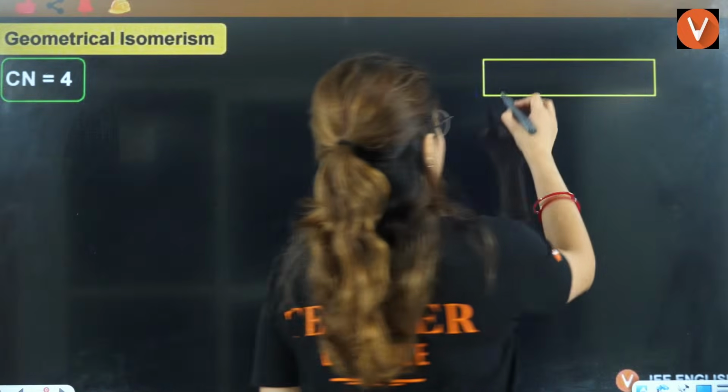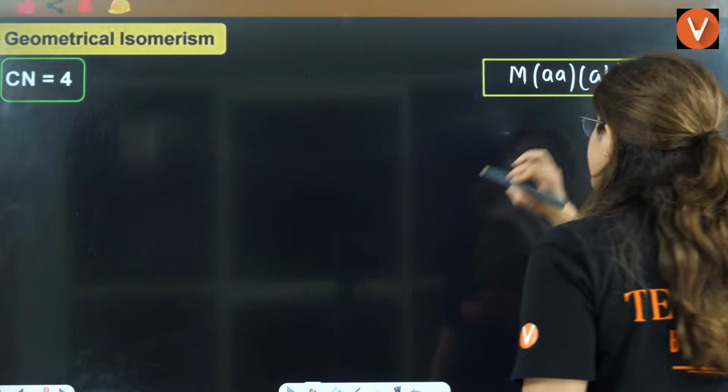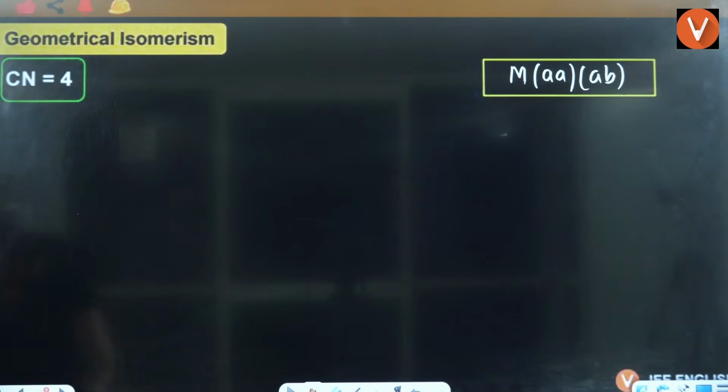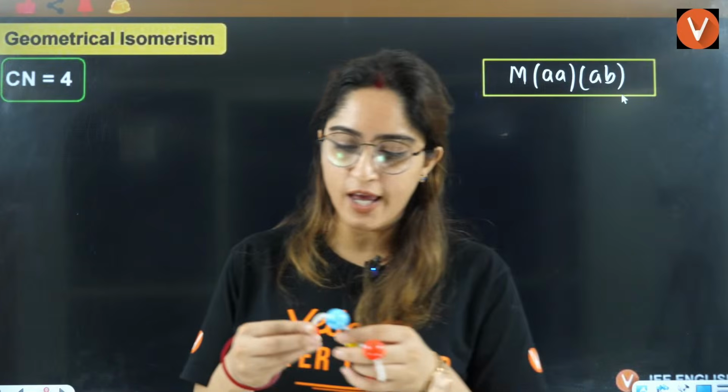Next one is MAA and AB, and this is the last one for square planar, okay? MAA and BB, AB. Okay. Now, let's do this and tell me if any GI is possible. Is there any GI? See this very carefully, okay?